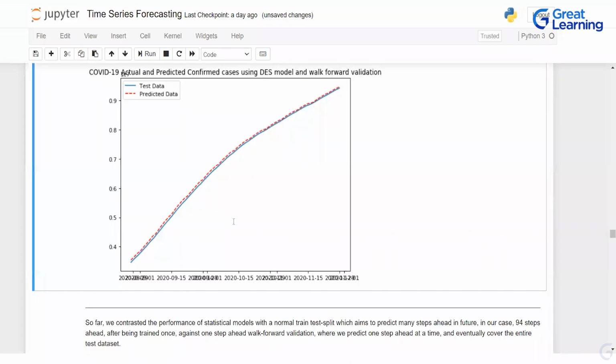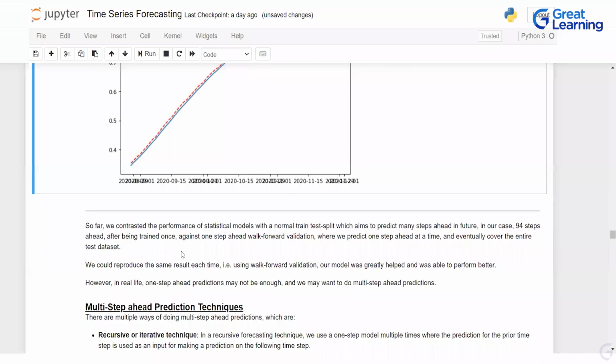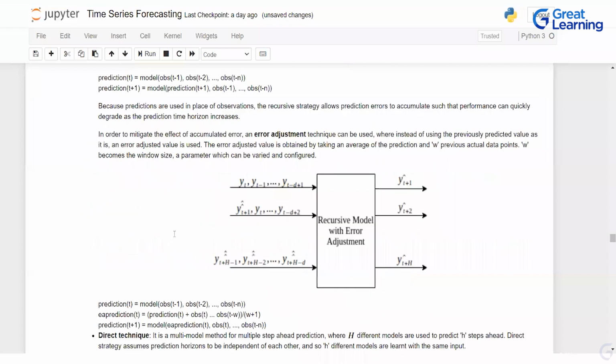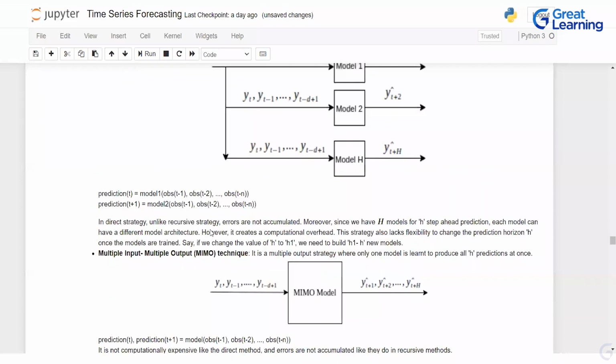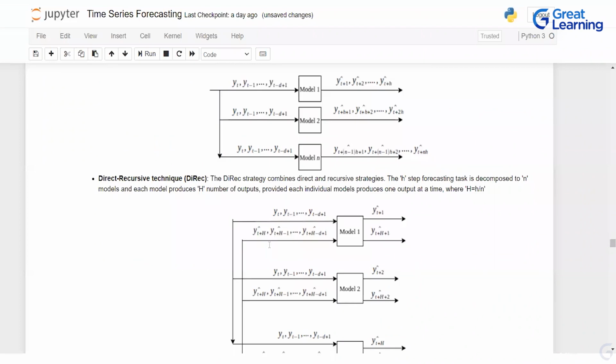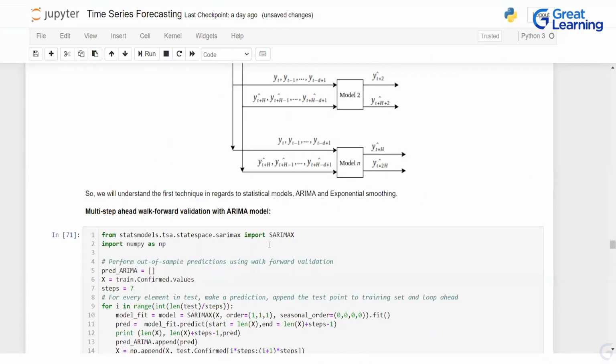Now here comes the important part. Multiple ahead prediction technique. This is the recursive prediction technique. You have the recursive model with error adjustment. You have the direct technique. You have the MIMO method, DIRMO method. So many are there. All this you can read along, but this is better than your walk forward, as you are predicting multiple time frames in future, using them back again to predict the future for the next time frame.